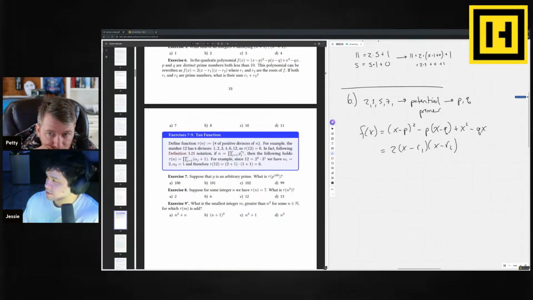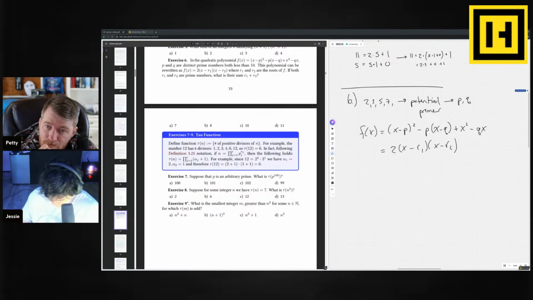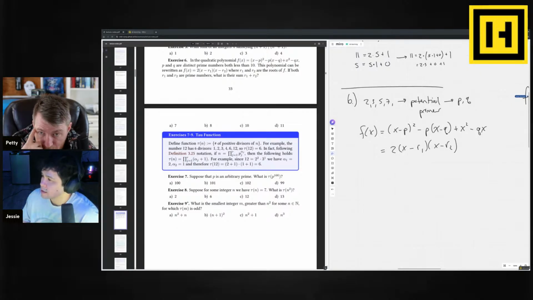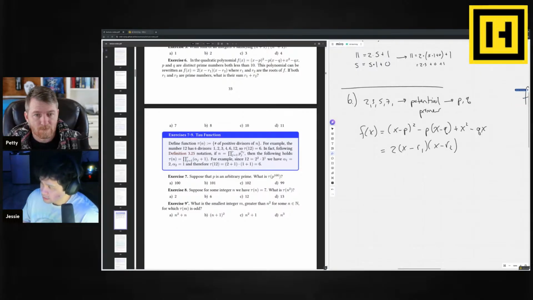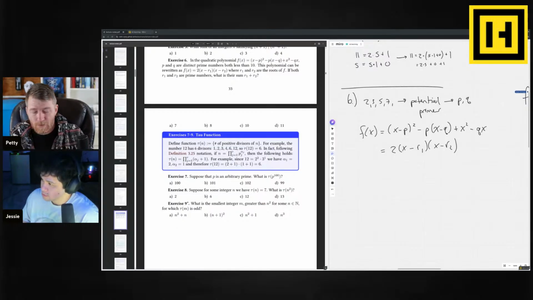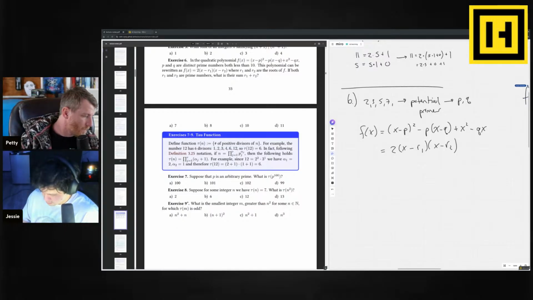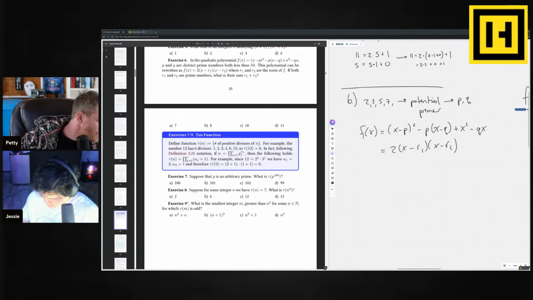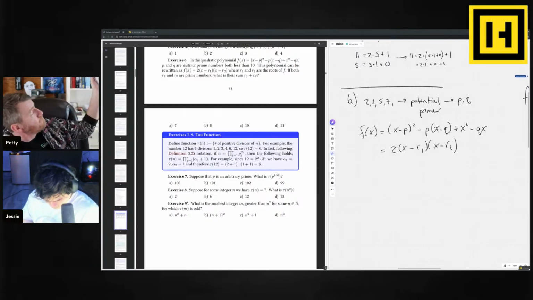All right, I'll just copy yours. F of x is equal to (x minus p) squared minus p times (x minus q) plus x squared. Oops.